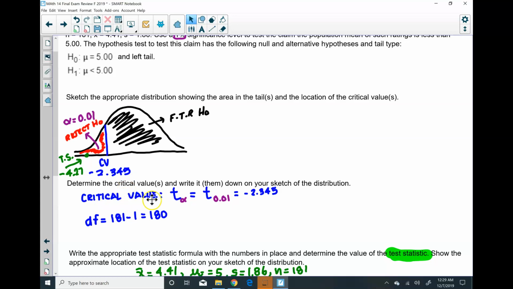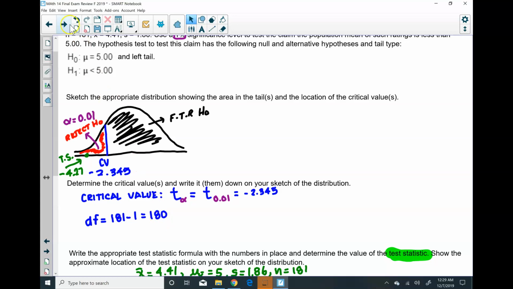Now, the critical value is going to be t subscript alpha, which equals t subscript 0.01. To find it, we also need the degrees of freedom. The degrees of freedom is n, which was 181, minus 1, which gives us 180.